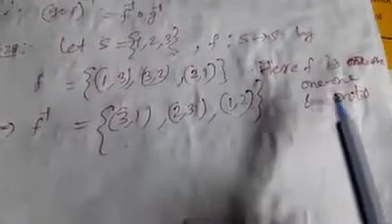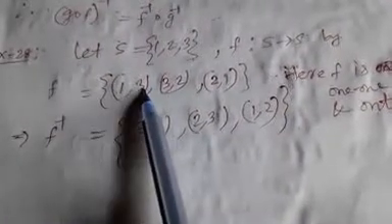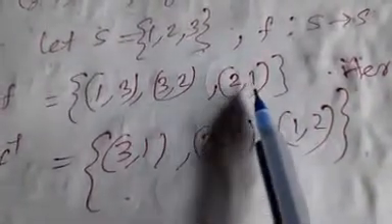Now take one question. Here, given S is equal to {1, 2, 3}, f from S to S, f is equal to {(1,3), (3,2), (2,3)}. Here f is one-one and onto. If it is one-one, that means 1 is linked with 3, 3 with 2, 2 with 1; that is uniquely related.